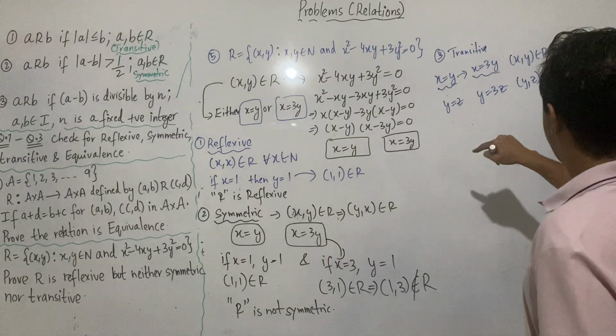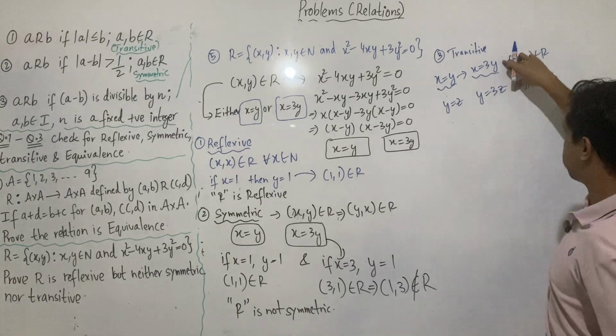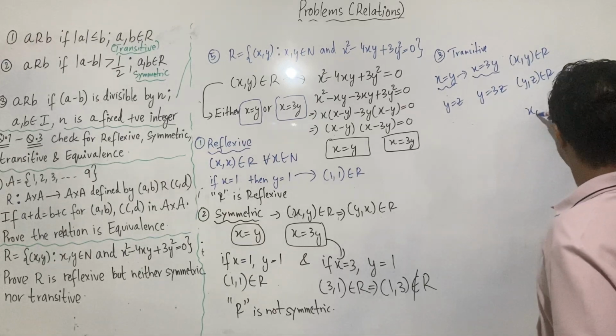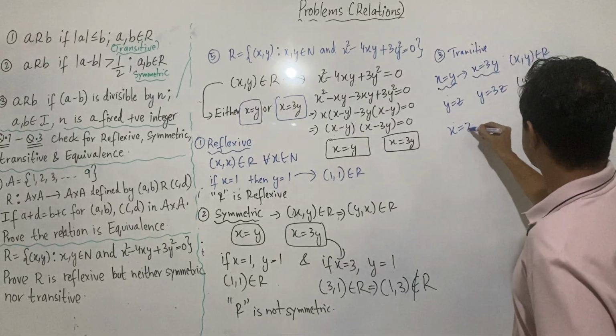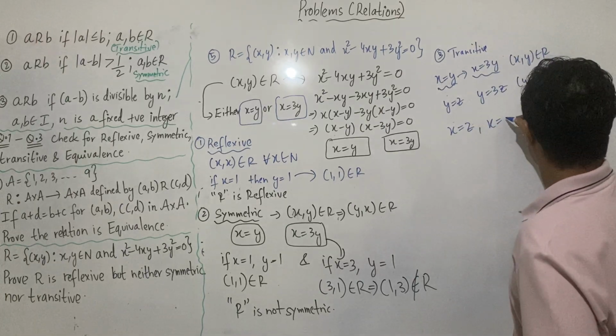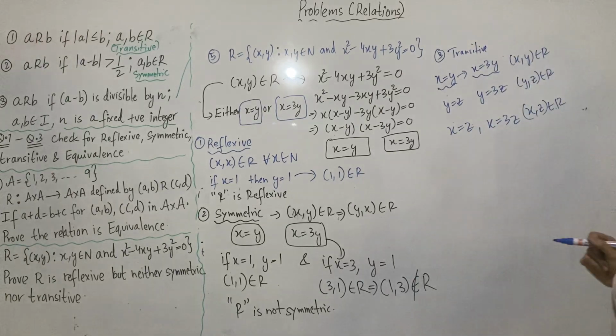And if both these things happen, then (x, z) must also be in the relation, such that x equals z or x equals 3z.